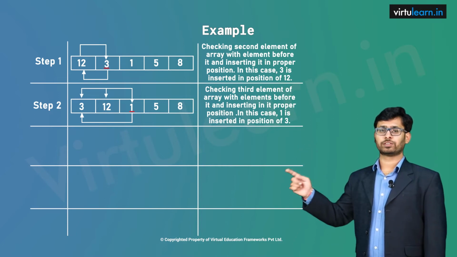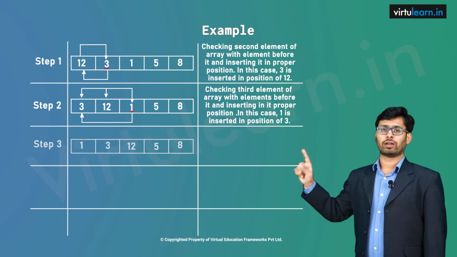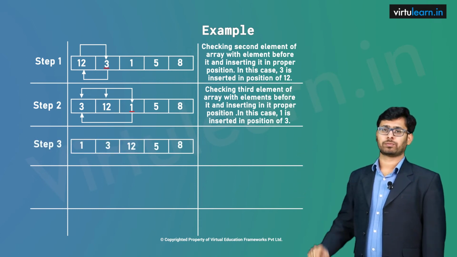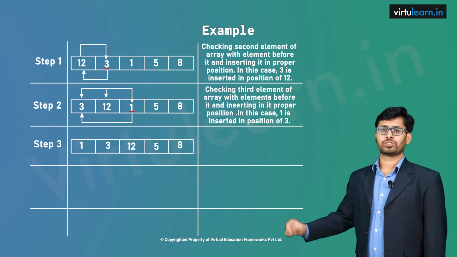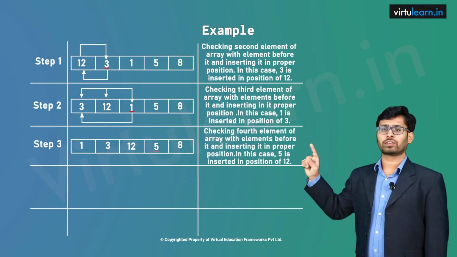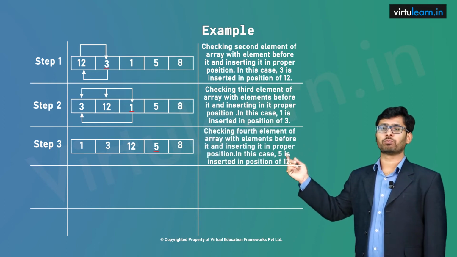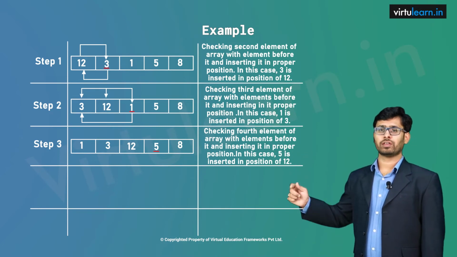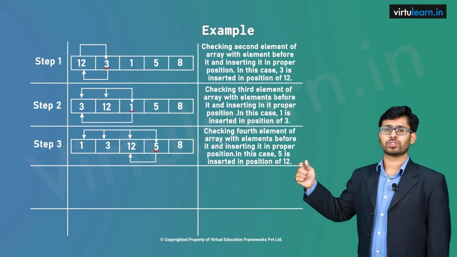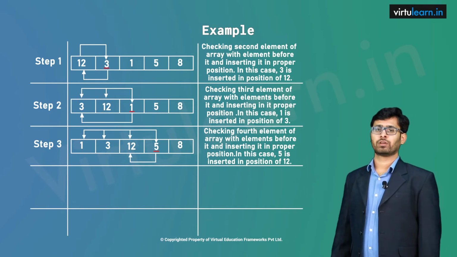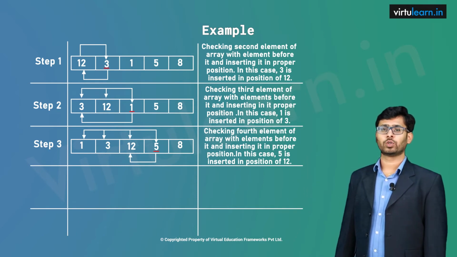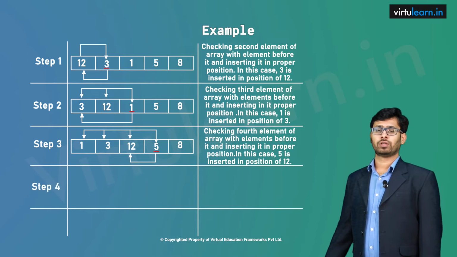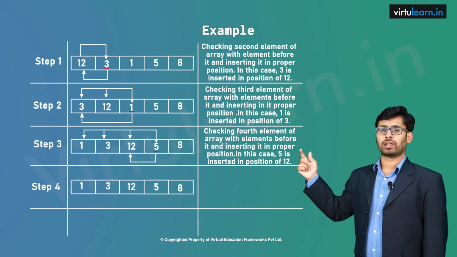Now the elements after this iteration are 1, 3, 12, 5, 8. Now checking the fourth element of the array with the elements before it and inserting it into the proper position. In this case, 5 is inserted in the position of 12. Step 4: 1, 3, 5, 12, 8.